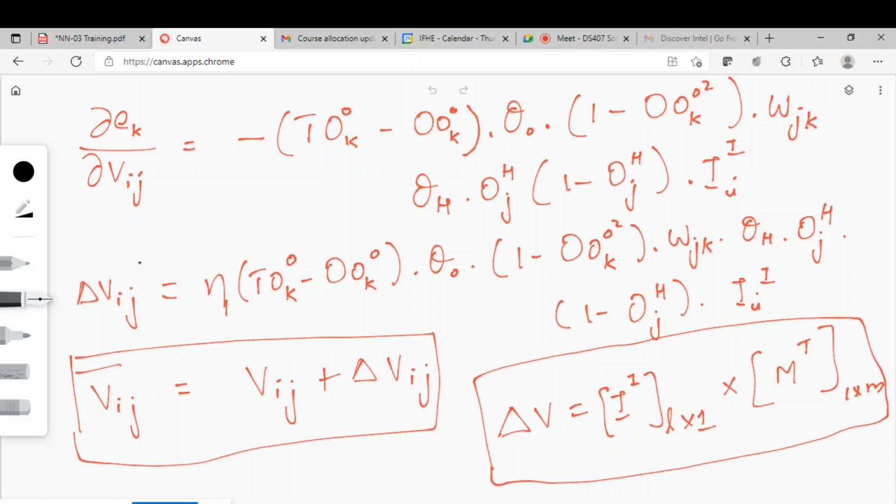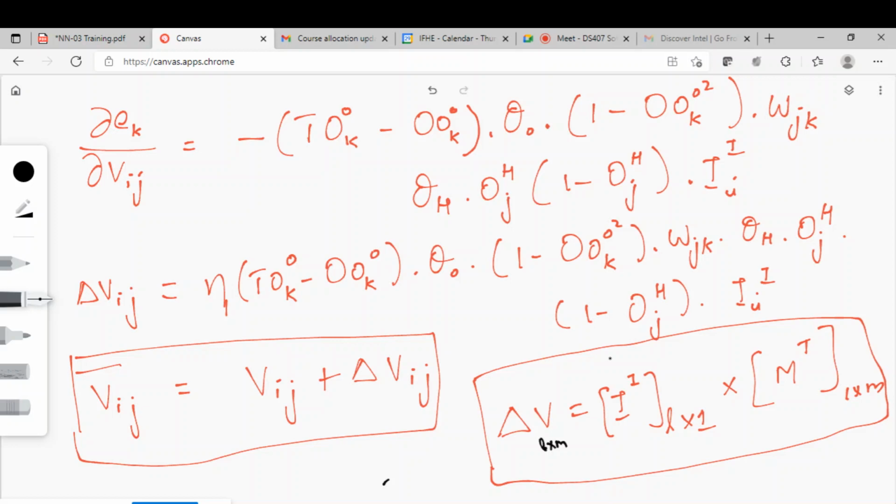This is the generalized equation, del V, which is a weight matrix. The size of this matrix will be L into M. It involves the output of the input layer, which is a column vector of size L into 1, that is, it has L rows and 1 column.